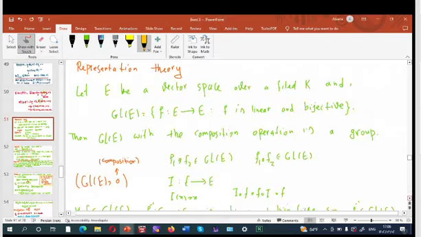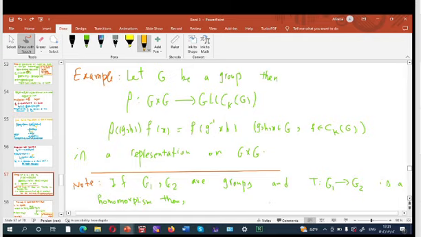And we have another example. Let G be a group, then ρ from G times G to GL of this E by this function rule. ρ of g and h must act on this product space G times G such that g and h are elements in G. ρ of g and h of any f and of x equal to f of the inverse of g multiplied by x multiplied by h.